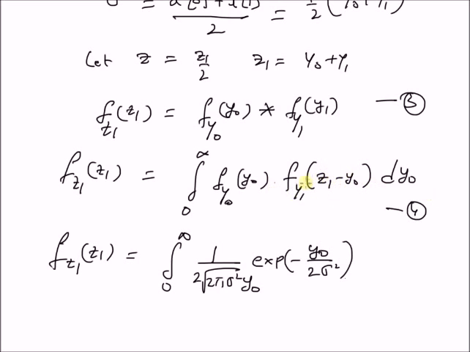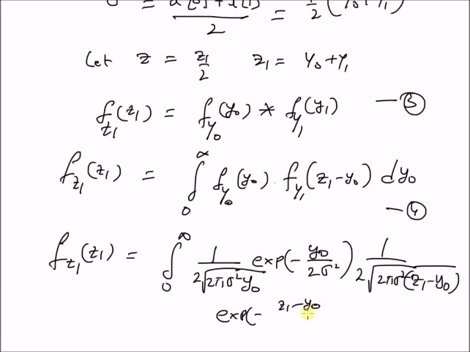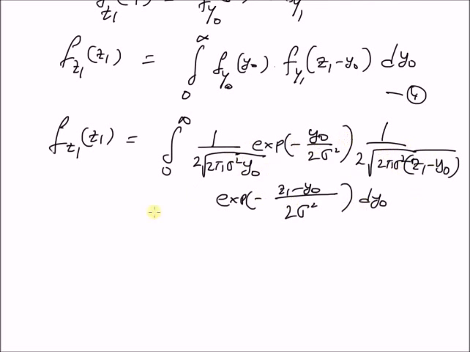And for the function fy1 of z1 minus y0, we have 1 by 2 times the square root of 2 pi sigma square times z1 minus y0, multiplied by exponential of minus z1 minus y0 divided by 2 sigma square. And the integration is over y0. So upon simplification, this integration becomes the integral from 0 to infinity of 1 by the square root of y0 times z1 minus y0, dy0.